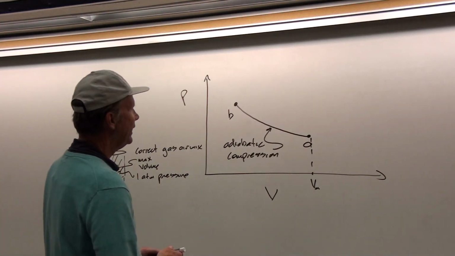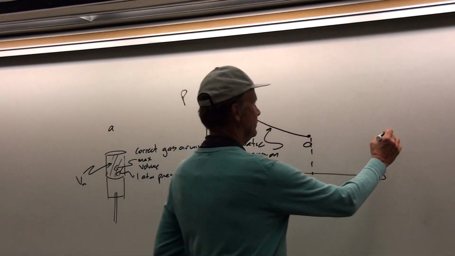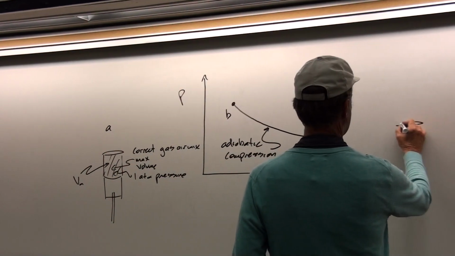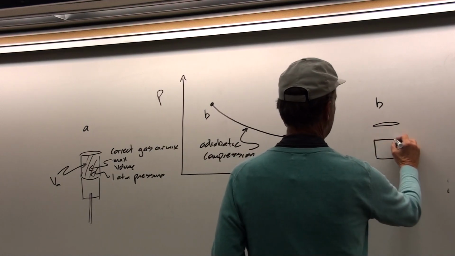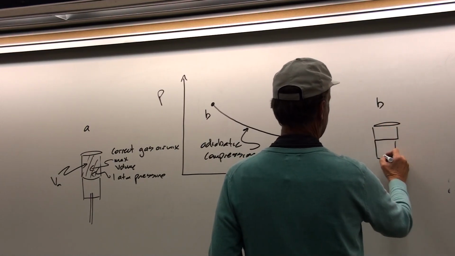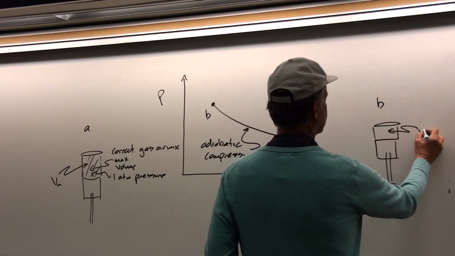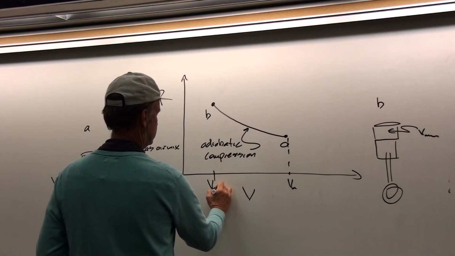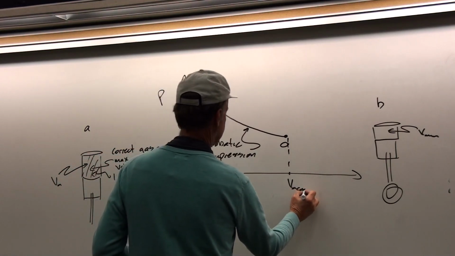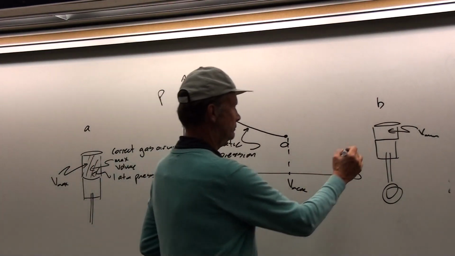Okay, so we go from point A to point B. So here's point B then. The piston is up higher by an amount equal to that compression ratio we talked about before. So this is V minimum here, and Vmax.